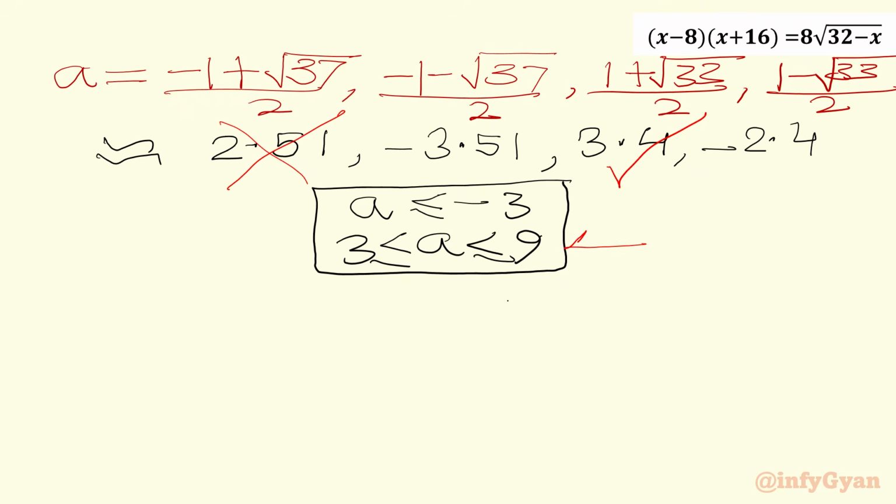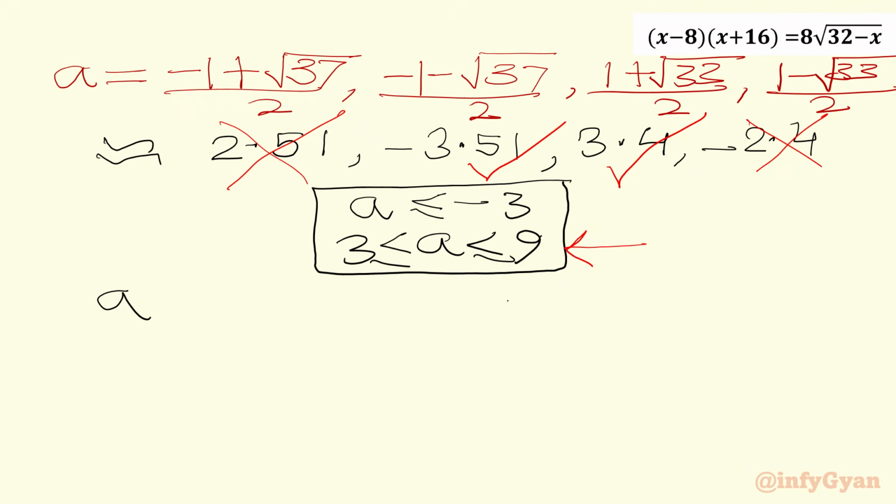This is from this inequality. If a is less than or equal to −3, then we are going to accept −3.51 and we are going to reject −2.4. So we have only two real a which will give us real x.